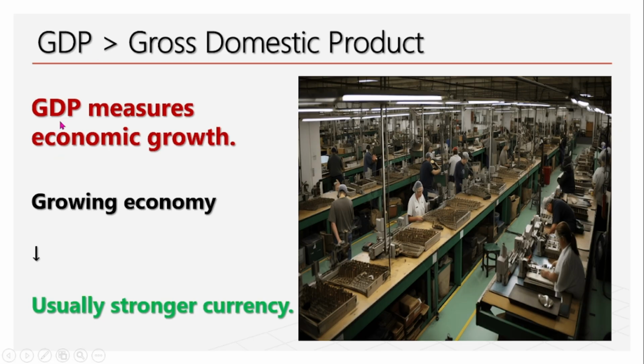That is why GDP measures economic growth. Imagine Nigeria this year had a GDP growth of 5%, and next year it has 8%. That is a positive for Nigeria, because it signals that Nigeria's economy keeps on doing well, and whenever it is doing well, we usually have a stronger currency.